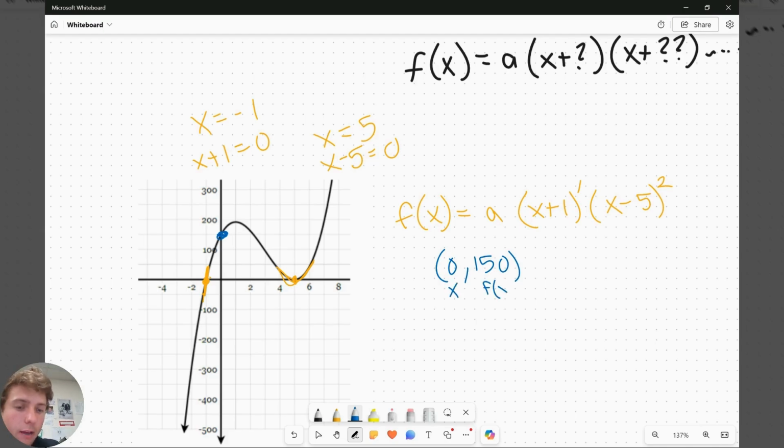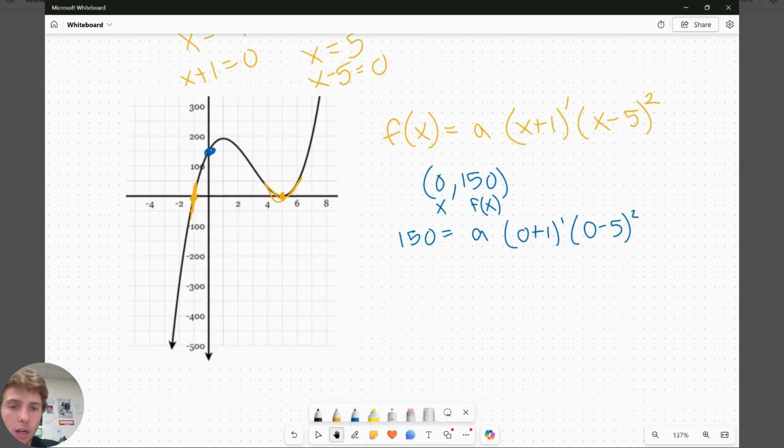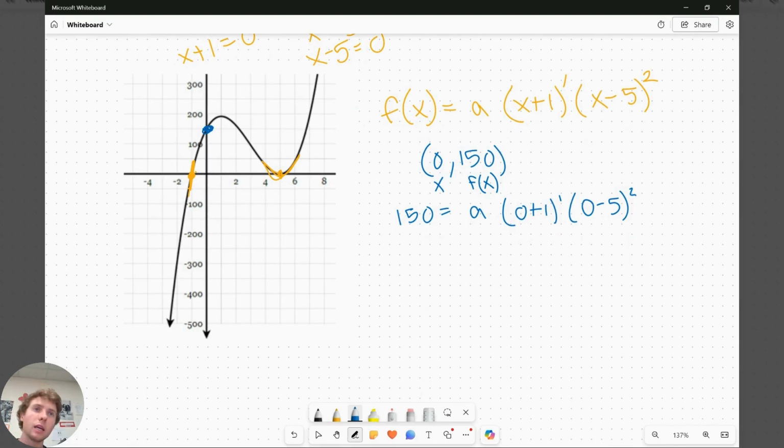That tells me f of x is 150. So now I can start to replace those things. Instead of f of x, I use 150. Instead of any of the x's, I replace them with 0. Well, if I go through this process of solving or simplifying that for a, I then find the value of a.